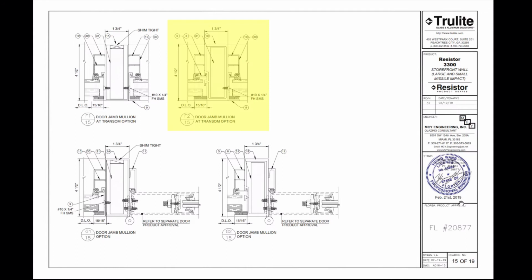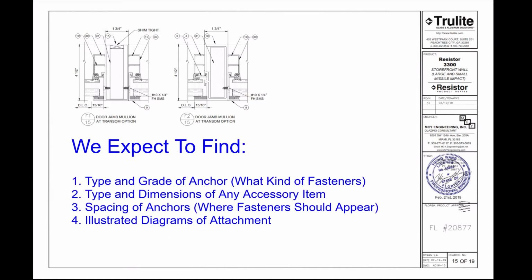And you can see here on sheet 15, detail F2, we have the condition where the frame is above the transom. You might notice that it has this screw applied sash. You see the little screw, and there's a line extending from it. It says number 10 by 1/4 inch FH flathead self-machining screw. That's where those items 1 through 3 are written descriptions of what is included.